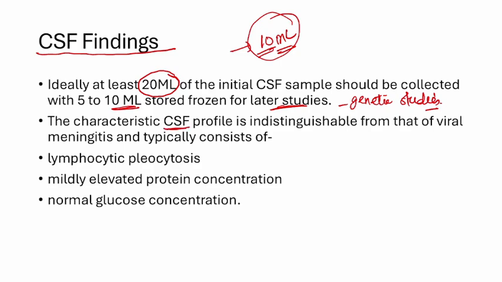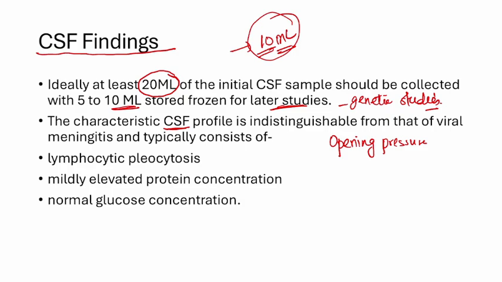Then you do the routine examination of CSF. That is what we used to do in the initial stages only. We do the CSF profile, I mean routine examination of the CSF. What do we see? We see the opening pressure, all the parameters not written here, but I am telling you here.